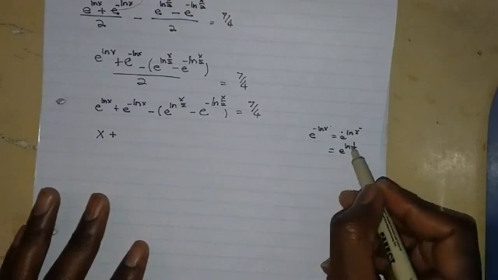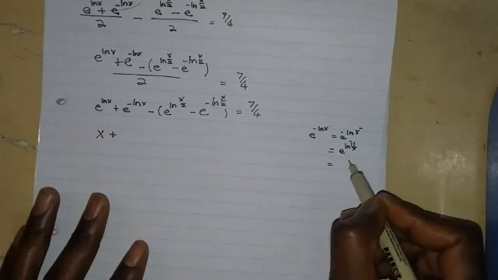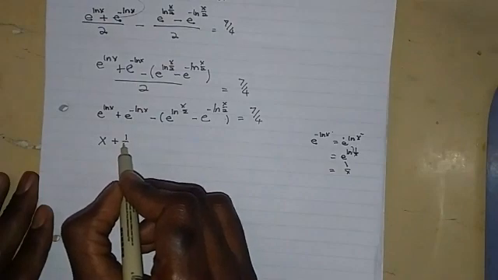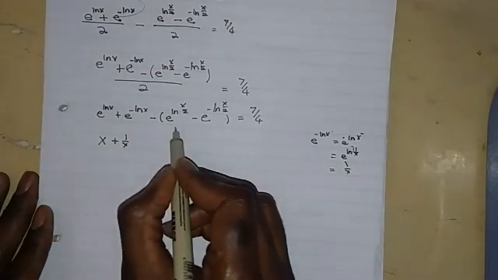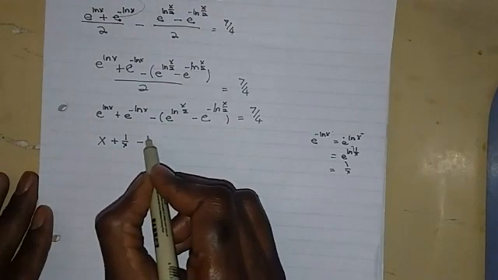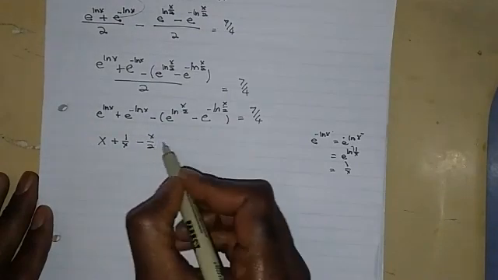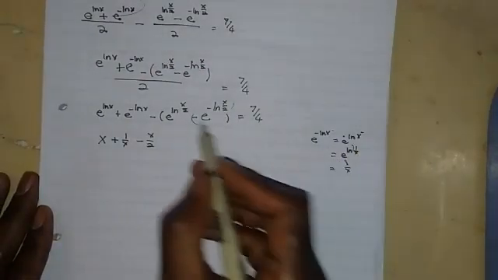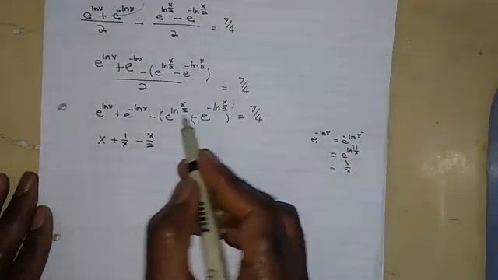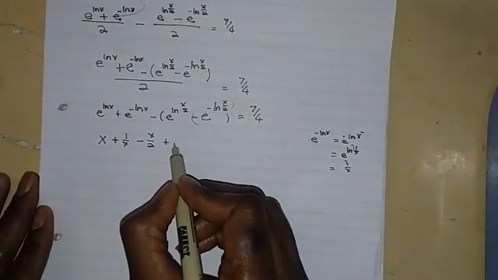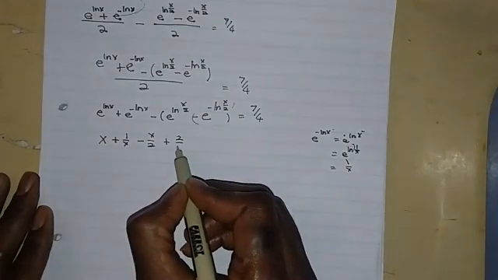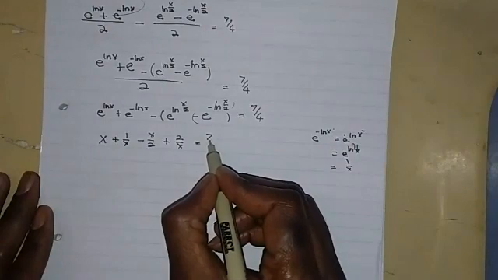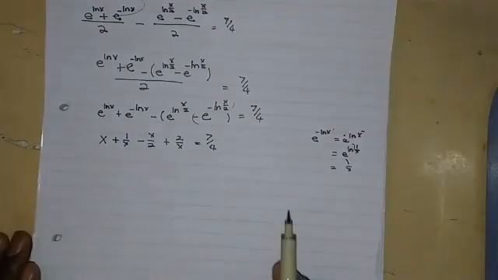And from the exponential rules, this will be equal to 1 over x. That's how we get 1 over x. And the negative goes in there, and we get the x over 2 terms. Using the same fact that we used for this one, it will be plus 2 over x is equal to 7 over 4.